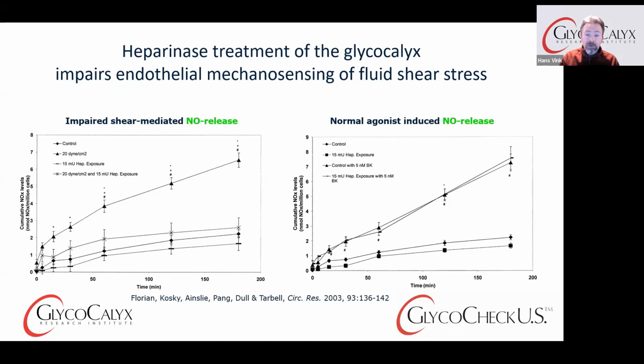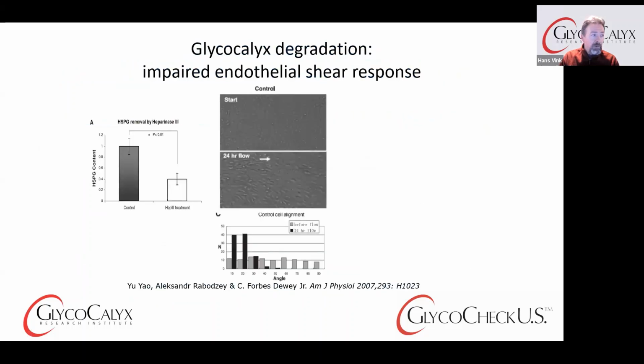Well, there's a few other functional changes in endothelium when you have a glycocalyx that senses shear stress. One of them is that the endothelial cells will change their shape and their orientation in the vessel and their functional behavior when they can sense shear stress.